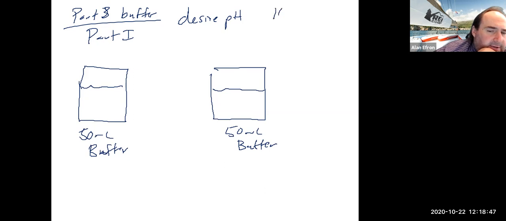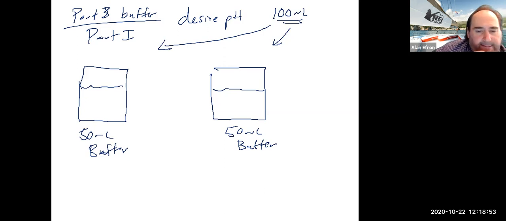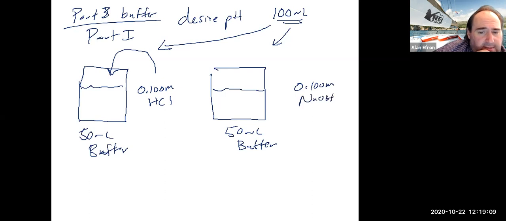I think you're going to originally make 100 milliliters of buffer, and you're basically going to split it in half, yes? To one of them, you're going to add 0.1 molar HCl. To the other one, you're going to add 0.1 molar sodium hydroxide.